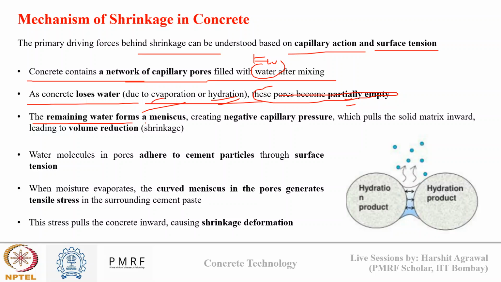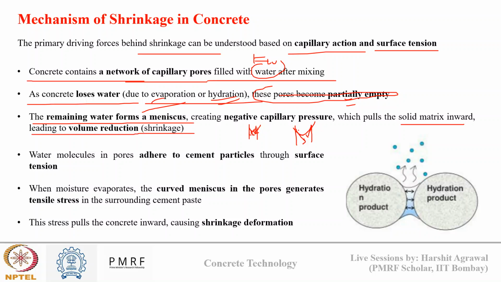Now the remaining water forms a meniscus due to the surface tension effect on the water surface, and it will create a negative capillary pressure. So this meniscus that forms creates a negative capillary pressure, or an inward pulling force on the solid matrix, which can cause volume reduction or shrinkage.